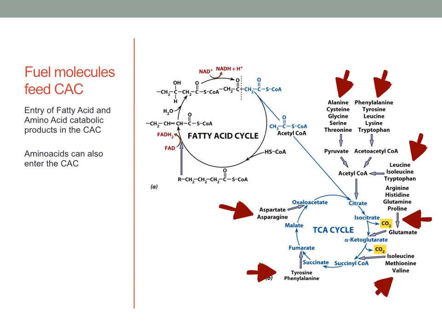Glutamate, isoleucine, and methionine can enter at various steps of the citric acid cycle, as well as, for example, tyrosine and aspartate that can all enter at different stages of the citric acid cycle. So you see here that all the amino acids forming proteins can also enter the citric acid cycle and give rise to energy.